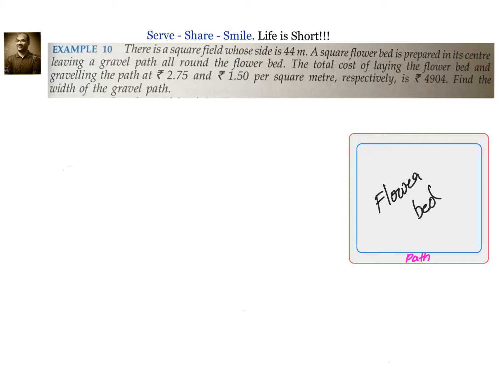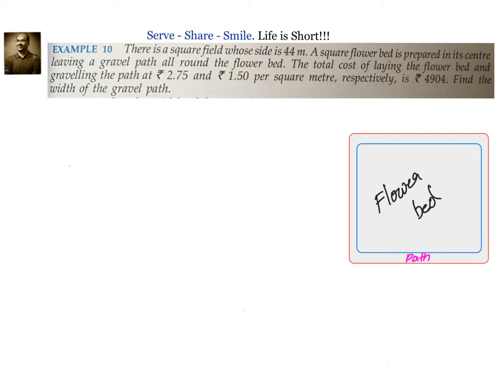The total cost of laying the flower bed and graveling the path at a rate of 2.75 and 1.5 per square meter respectively is 4904. Find the width of the gravel path.